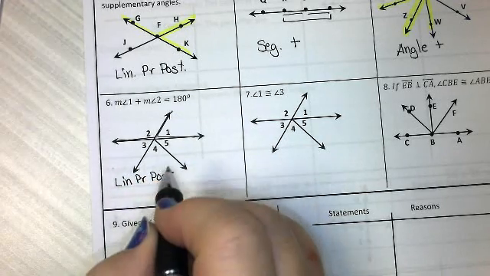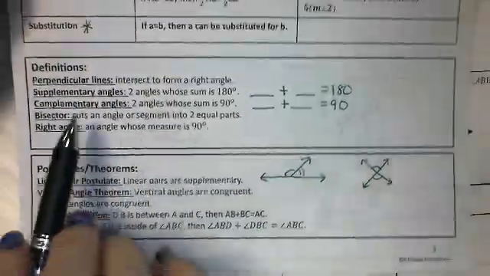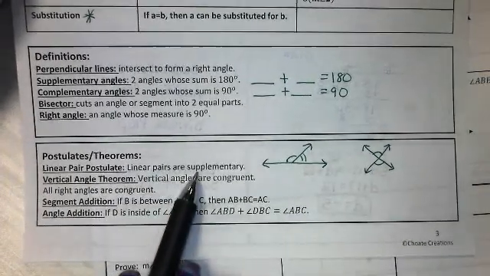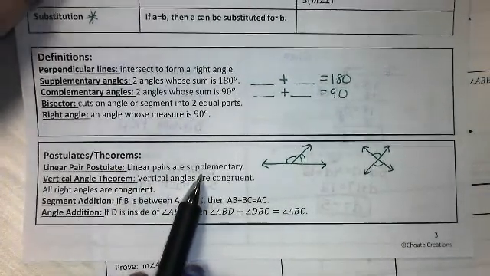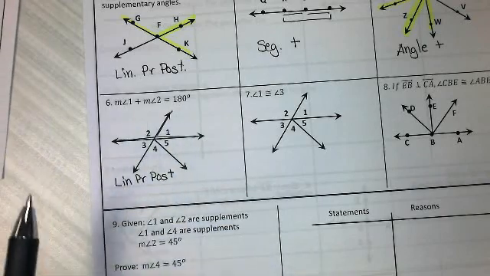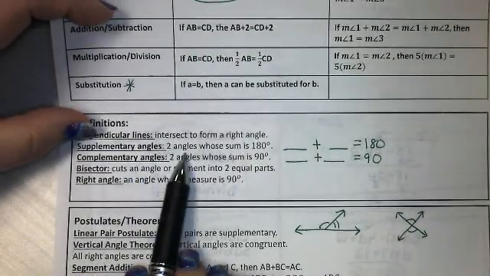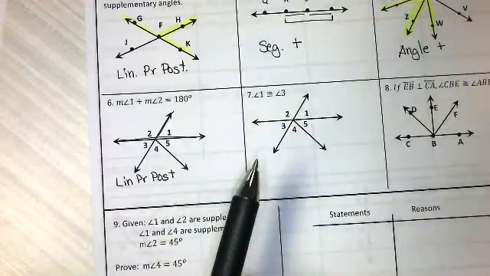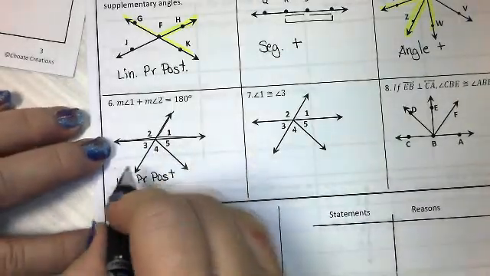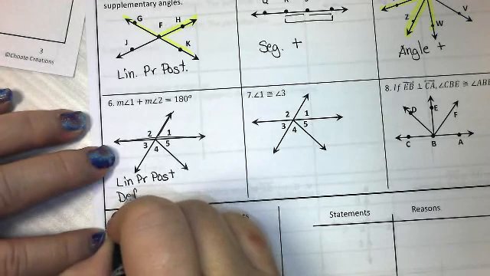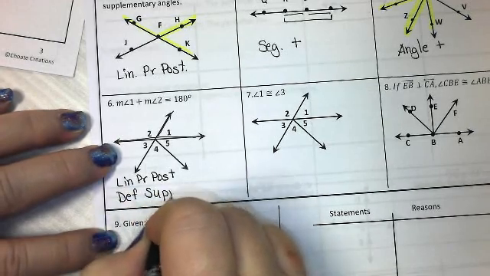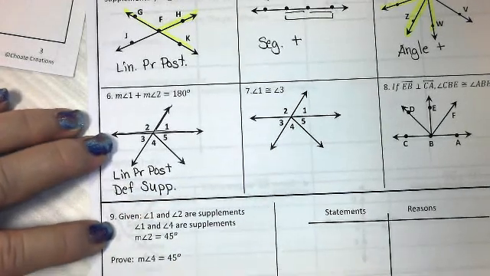But the linear pair postulate says that two linear pairs are supplementary. How did we get to where we said they equal 180? Well, what are supplementary angles? Two angles whose sum is 180. So two things happened here. We did the linear pair postulate, and we did the definition of supplementary angles.